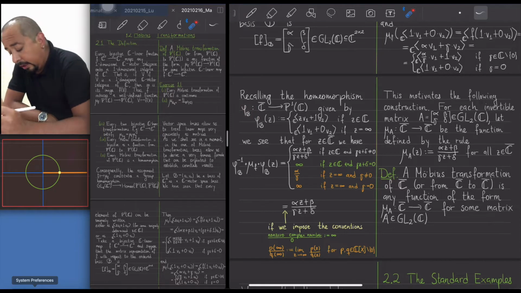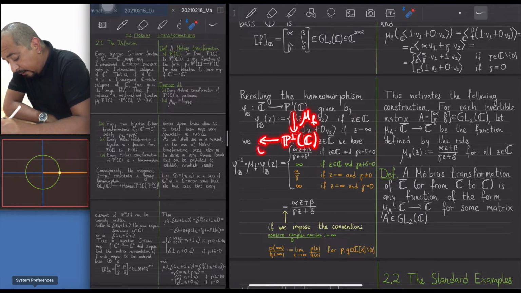So again, I suppose that my basis B is fixed a priori, and then if I have a Mobius transformation of P1, what I have is this mu f, but then I also have phi B inverse, which goes to C bar, and I want to investigate this map from C bar to C bar to see by which formula it is given.